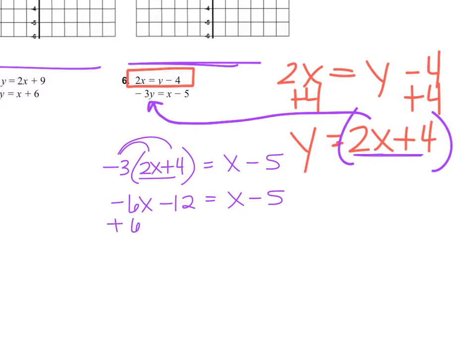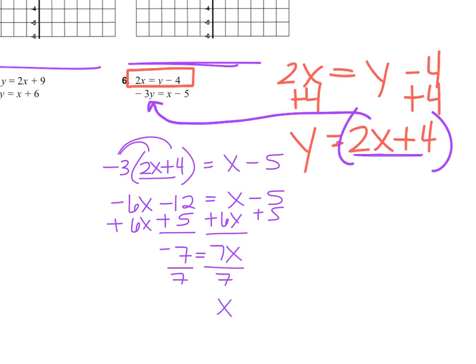-6x minus 12 equals x minus 5. We're going to add 6x. So this is 7x. We're going to add 5. So this is -7, and there is an equal sign between. So we divide by 7, and we get x equals -1. Okay, now we have -1 for our x.